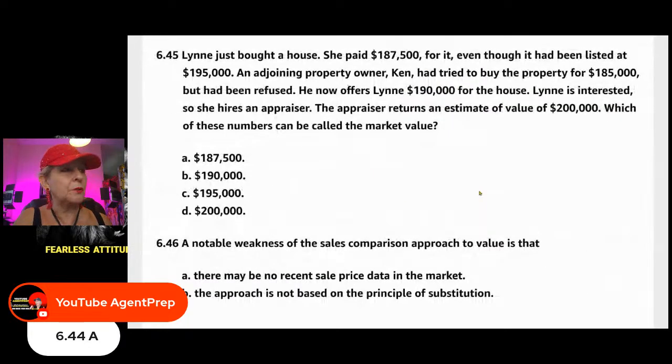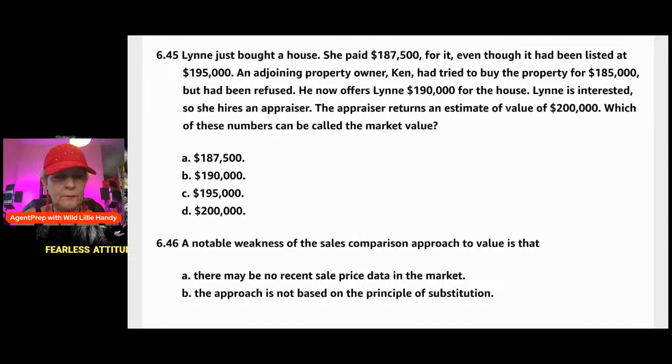All right, number 45. Here comes a math problem. Lynn just bought a house. She paid $187,500 for it, even though it had been listed at $195,000. An adjoining property owner, Ken, had tried to buy the property for $185,000, but had been refused.